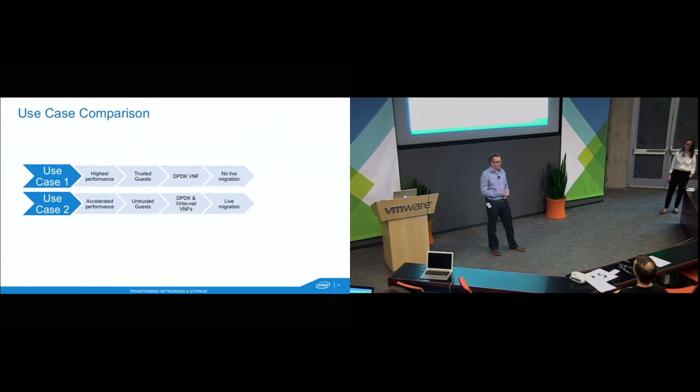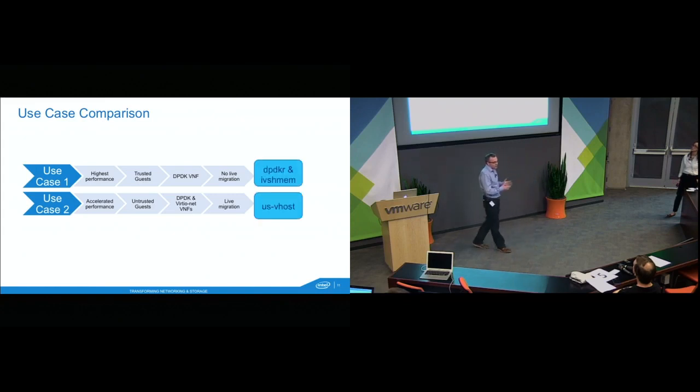In the second case, the user still wants acceleration in the performance, but it's acceptable if it's a bit lower. They may have untrusted guests in their system, so they don't want to allow the ability for anybody to snoop. And they can run DPDK and virtio-net VNFs. And this user would like to do live migration.